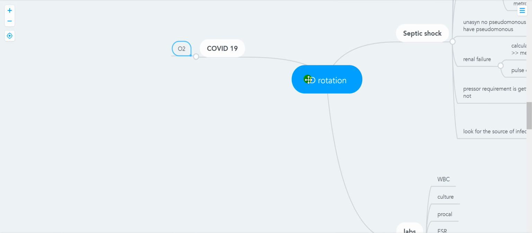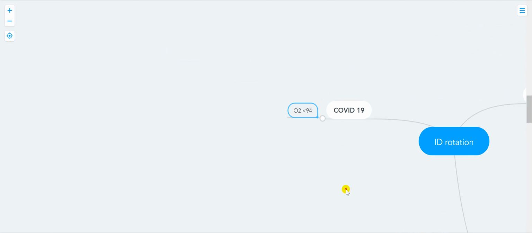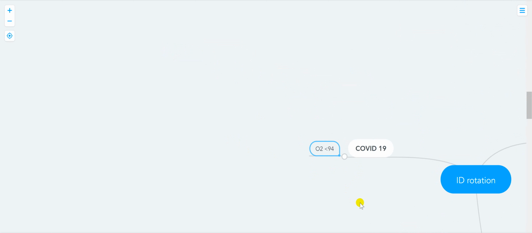If the oxygen saturation is less than 94%, that's when it is severe, with patients coughing, having shortness of breath. Initial symptoms can present with just headache, viral syndrome, aching, myalgia. But when it comes to severe, oxygen less than 94, or there's bilateral interstitial infiltrates, that's severe COVID.